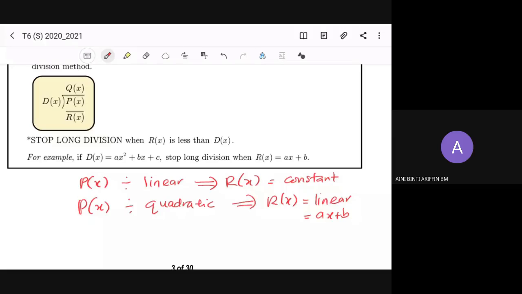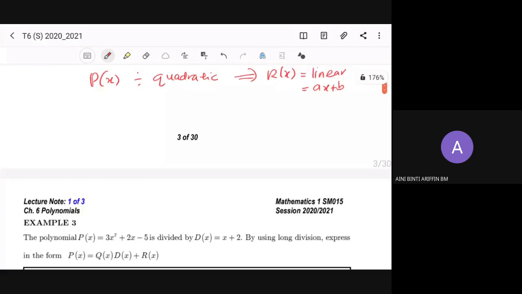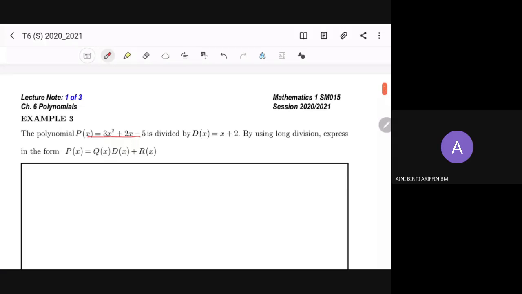The polynomial is divided by Dx by using long division, expressed in the form of this. So, firstly, we need to write it in the usual form. We have 3x squared plus 2x minus 5.